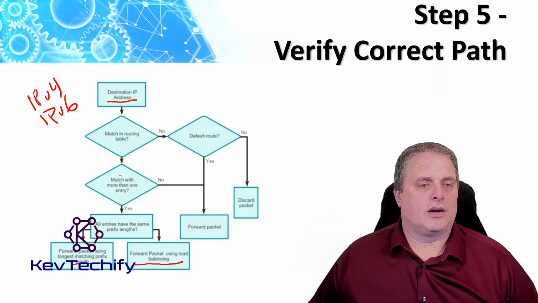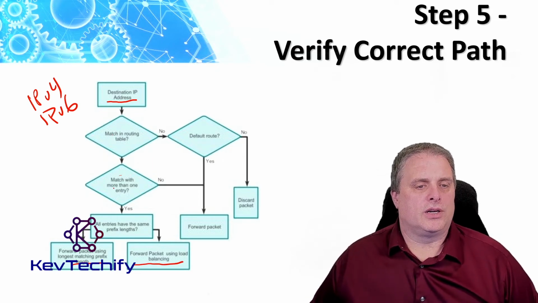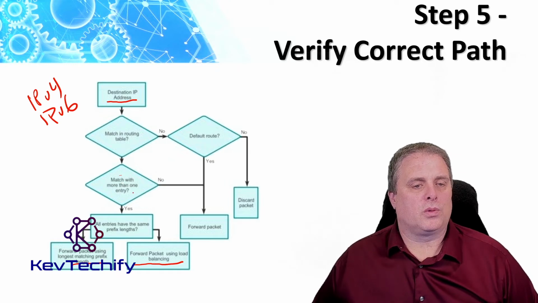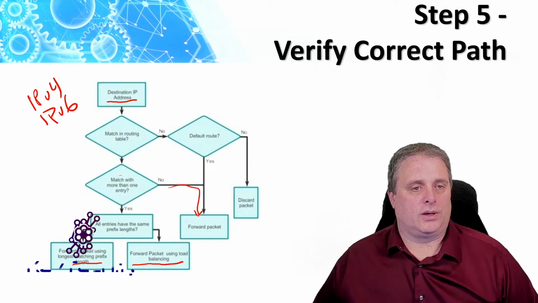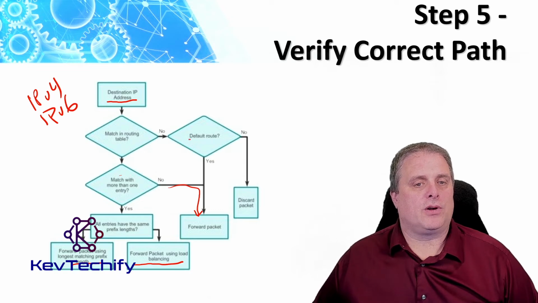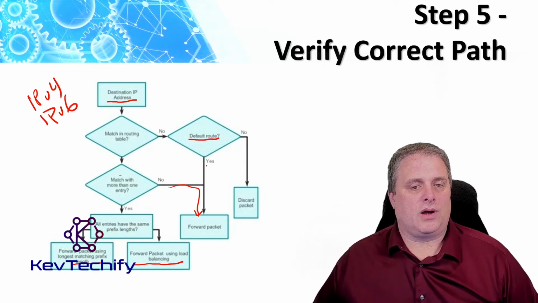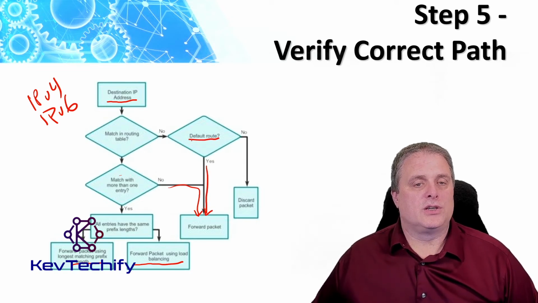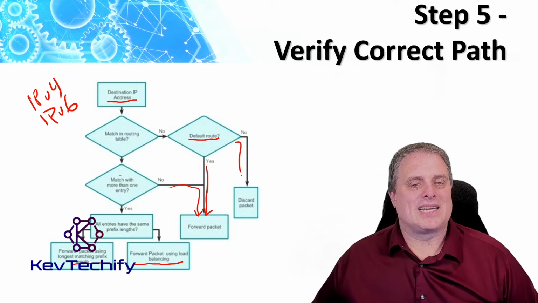But coming back here, if there's only one match, then we can go ahead and forward our packet. Now, if there is no match in the routing table, is there a default route? If there's a default route, we can forward the packet. If there's no default route, we discard it.